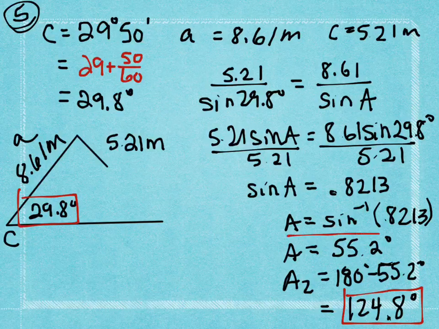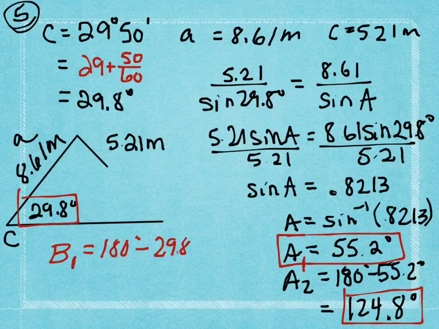So I know it looks like a lot, but I actually only have to find 2 more pieces of information because I really can find the angle B's pretty easily. So let's call this A1, so that I can call this B1. B1 will be found by taking 180 minus the angle I'm given, 29.8, minus angle A1, which is 55.2.